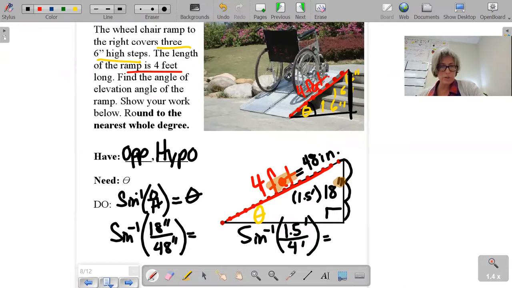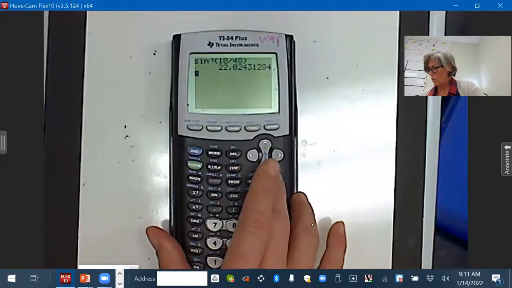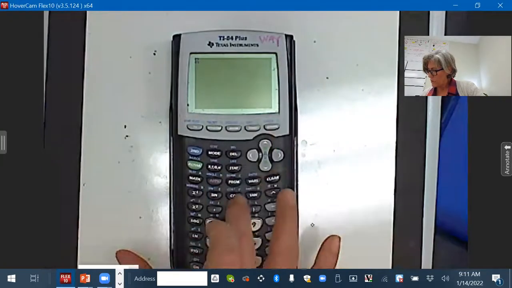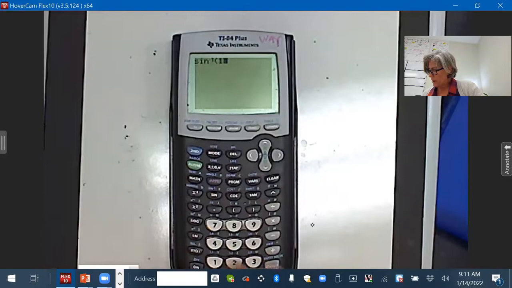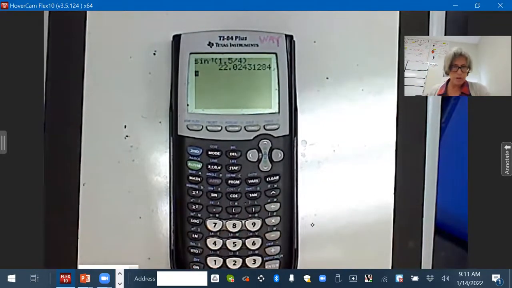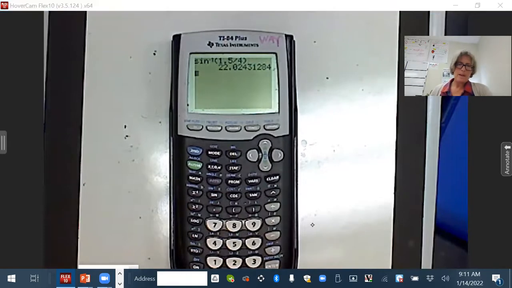And we get 22 degrees. Or inverse sine, and it's 1.5 divided by 4, 22 degrees. Both work.